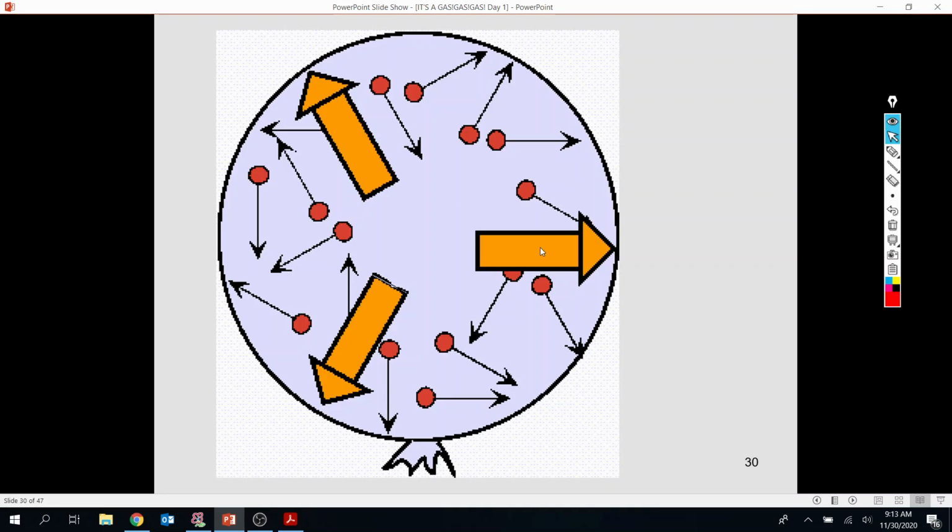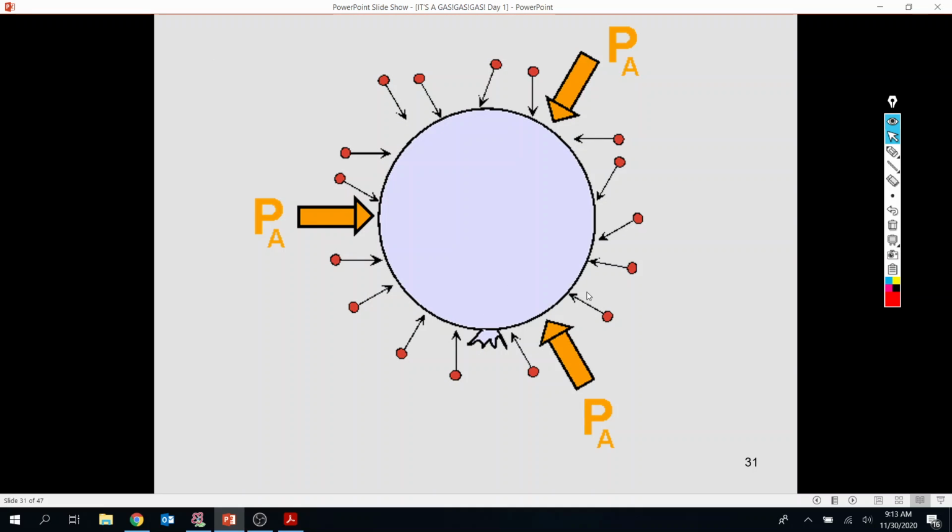If we let some of that air out, then the outside pressure collapses it and makes it go flat. And so that is a little bit about how balloons work. So you have the pressure from the outside, and you also have the pressure from the inside, and the balloon will increase and decrease in volume until the pressures match.